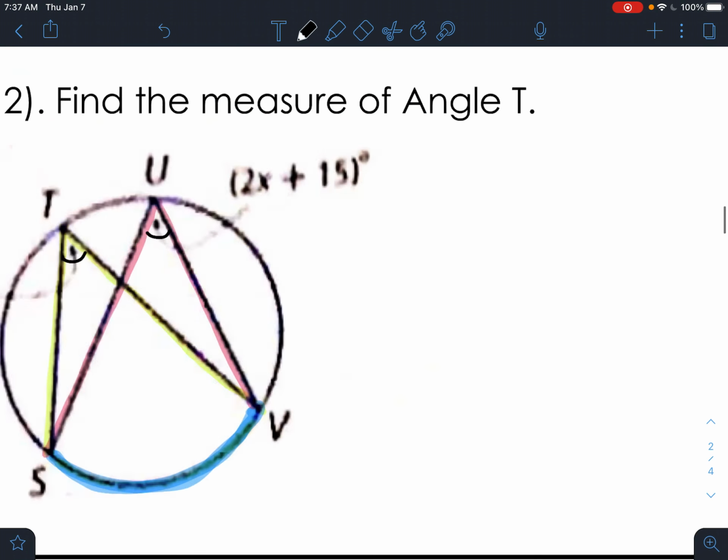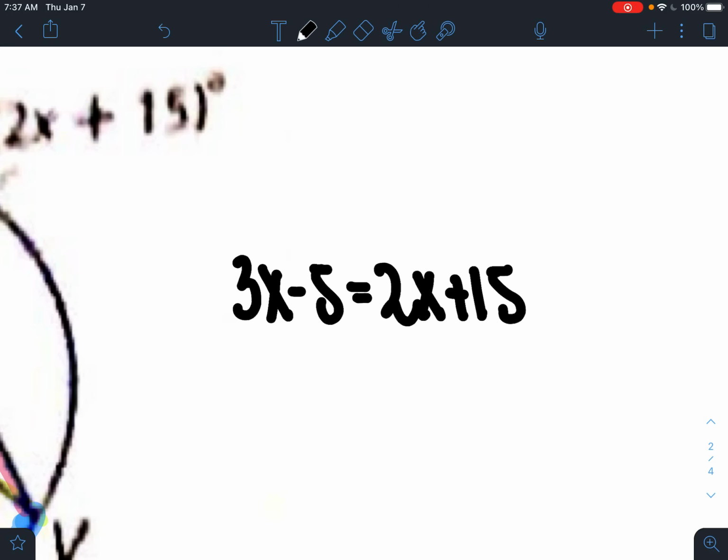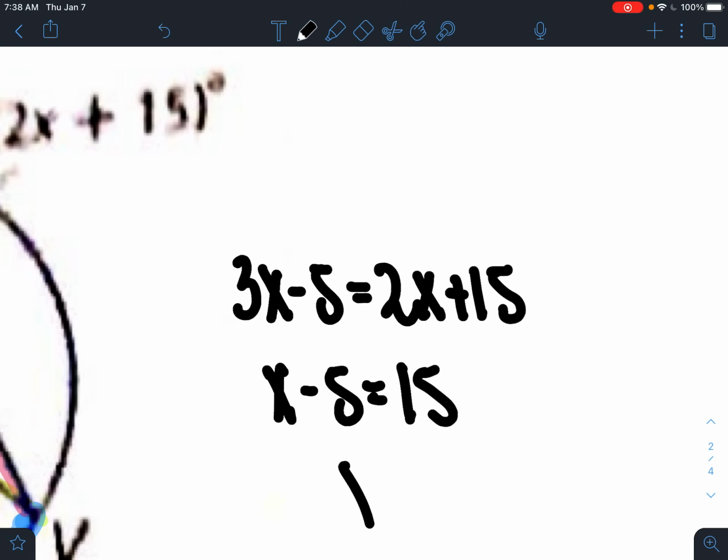So to solve, I'm going to set 3x minus 5 equal to 2x plus 15. I'm going to subtract out the 2x, so I get x minus 5 is equal to 15, which means that x is equal to 20.